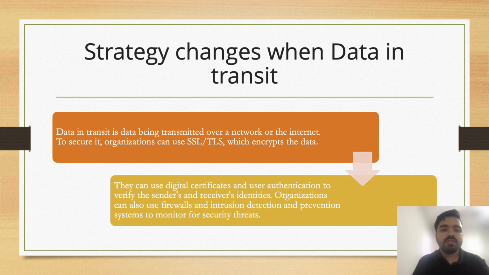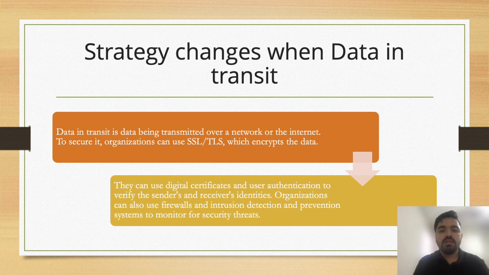The last point for my presentation is strategy change when data is in transit. Organizations can use digital certificates and user authentication to verify the sender and the receiver identities. Organizations can also use firewalls and intrusion detection and prevention systems to monitor for security alerts. According to the IBM report, organizations can also use virtual private network VPN technology to provide a secure encrypted connection between remote users or sites and the organization network.